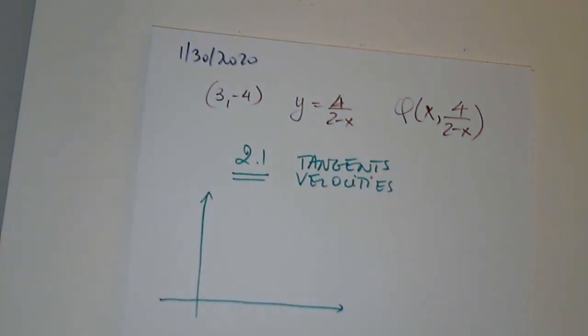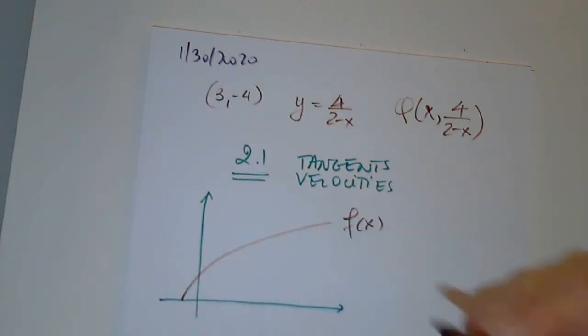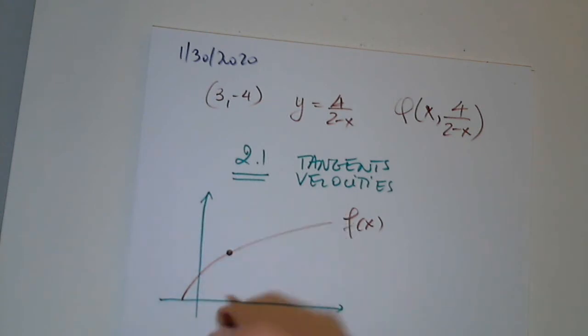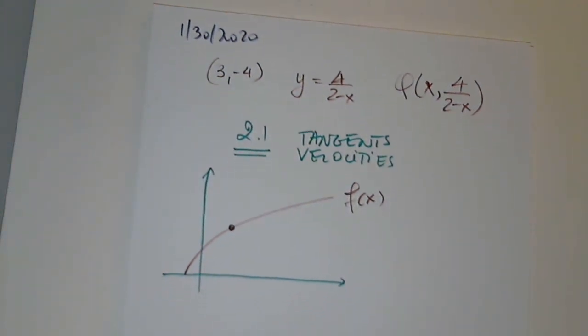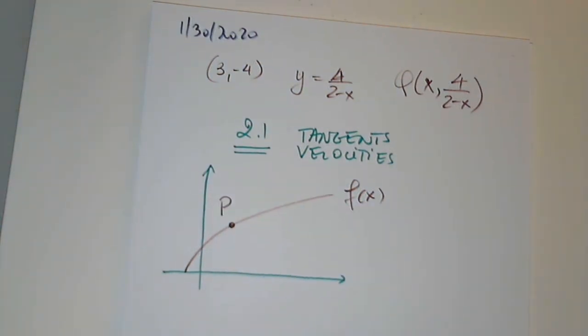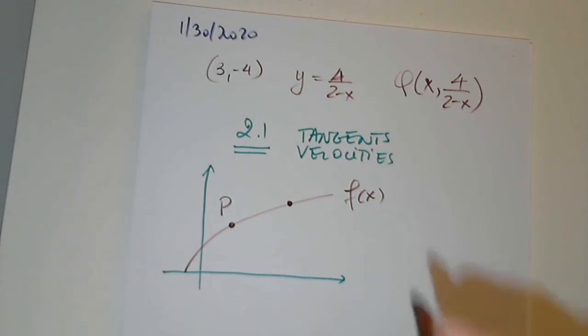I'm looking at a function. The function is this. I will select a point, and I'm going to call that point P. And I will select another point. I'm going to call that point Q.